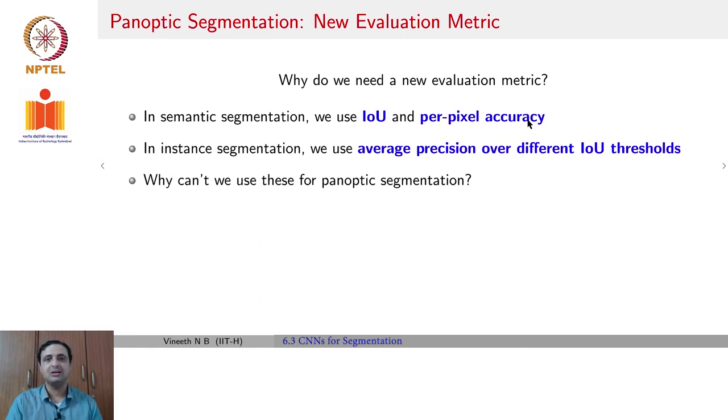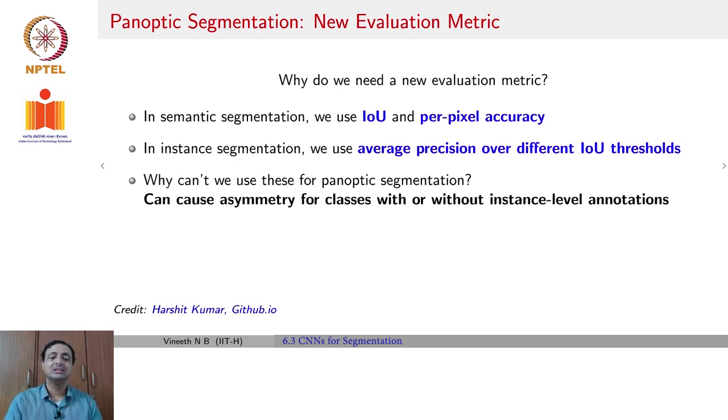On the other hand, for instance segmentation, which is similar to detection, you would have average precision over different IOU thresholds. Why can we not use these for panoptic segmentation? That's because this could cause asymmetry for classes with or without instance level annotations.